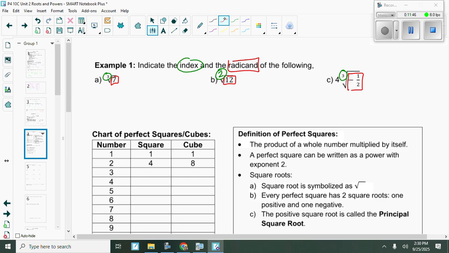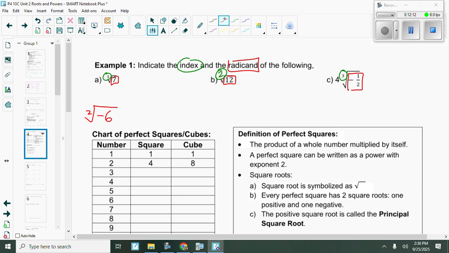Given the right circumstances. We talked a little bit about this yesterday. In order to have a negative under the radical sign, our index has to be an odd number. Because if the index is even, we cannot take the square root of a negative number.